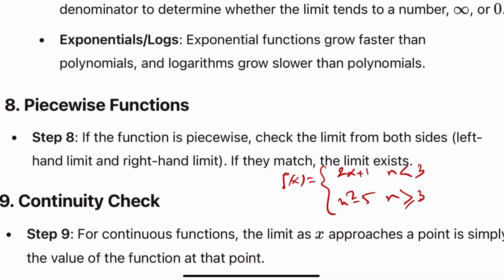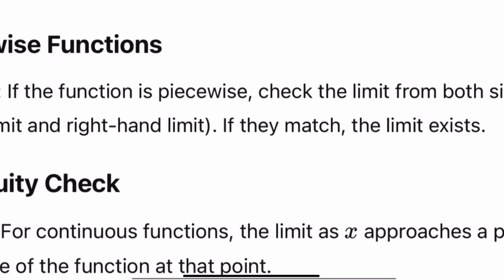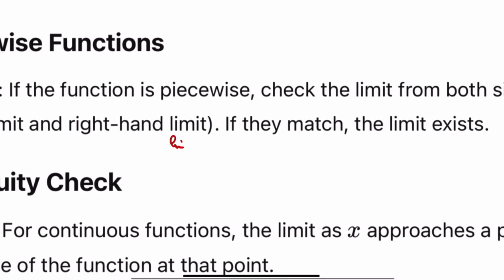So we need to find the limit on the left side of the function when x approaches 3, which is to find the limit of f of x when x goes to 3 from the left side, which is 3 negative, or we can write it as x approaching 3 from a small negative.